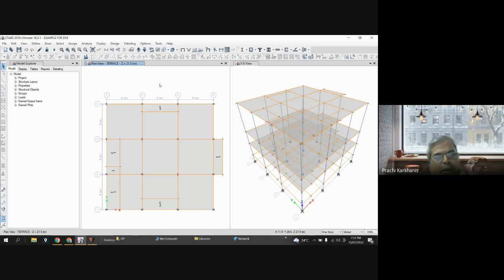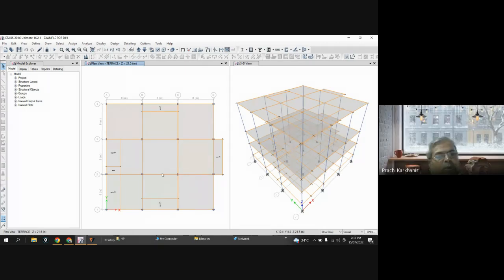In that case, I will explain the entire process for applying water pressure on the bottom slab as well as water pressure on the side walls.